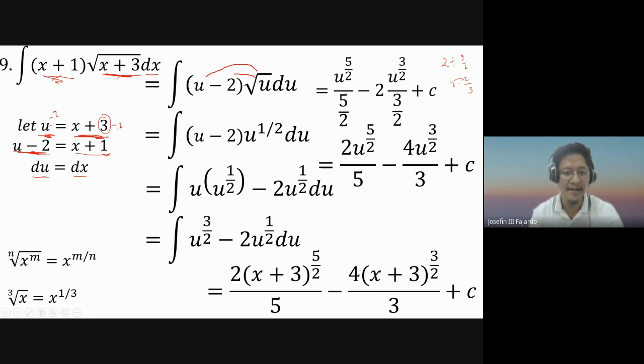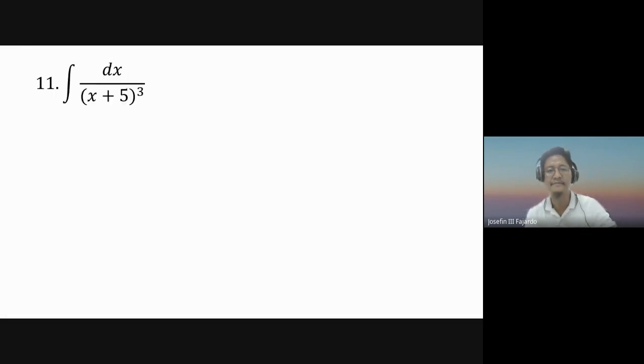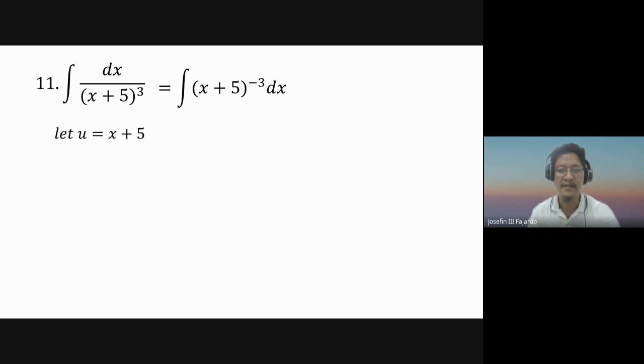Okay, let's do another one. Ito naman. Okay, so same thing. We can rewrite this as x plus 5 raised to negative 3. Again, if we let u to be x plus 5, du will just be dx.